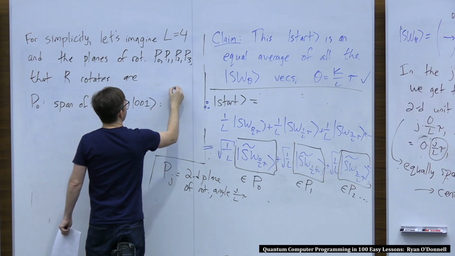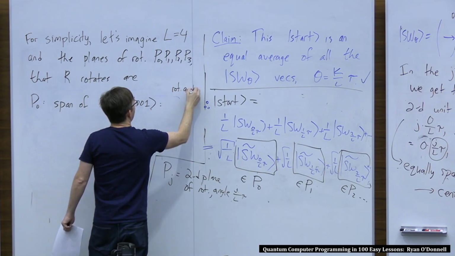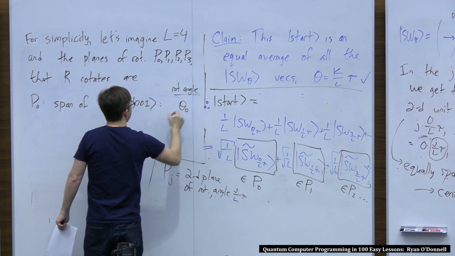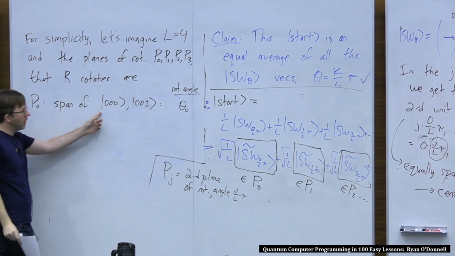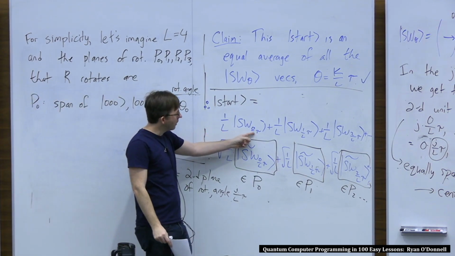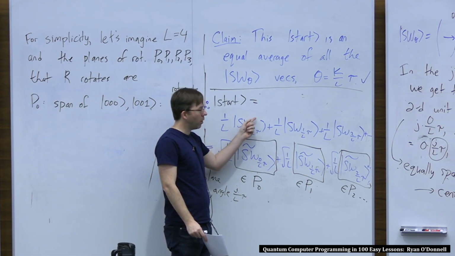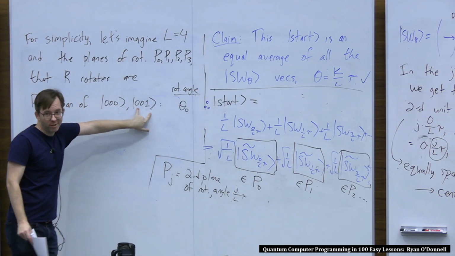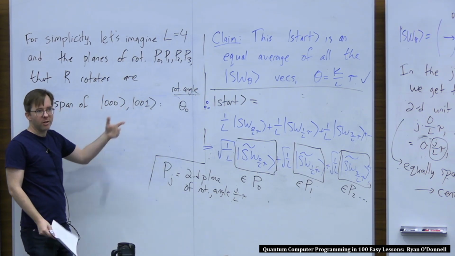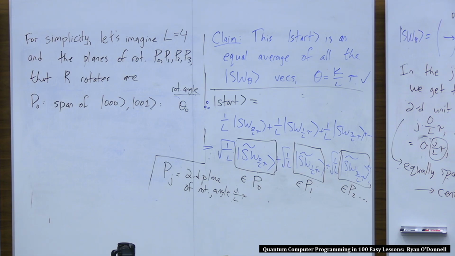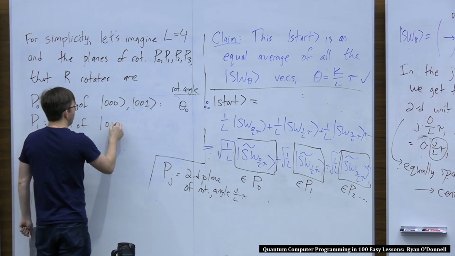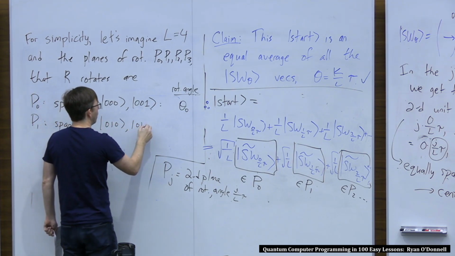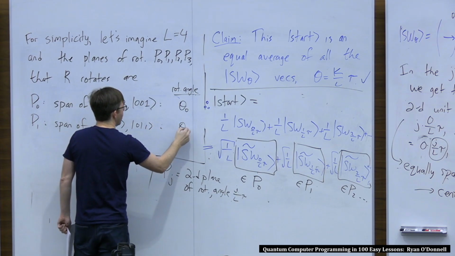And the rotation angle for this plane, I'm just going to call theta 0. Okay, so instead of the two vectors being like SW 0 over L tau and SW 0 over L tau perp, let's just say it's this one and this one. Okay, and these are two perpendicular vectors in 8 dimensions. And we'll say that P1 is the span of 0, 1, 0 and 0, 1, 1, and that the rotation angle for this plane is theta 1.